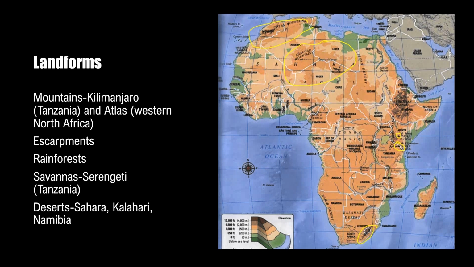In addition to that, Africa is filled with a number of what are called escarpments. So an escarpment is basically, it seems like really flat land on top and then just this sheer drop down into a valley below. So that's traditionally made movement and transportation from one part of Africa to another kind of difficult.